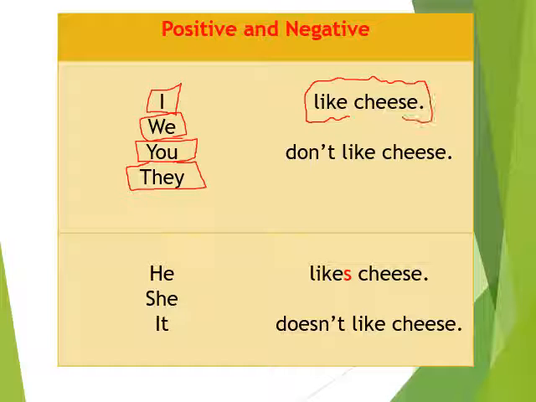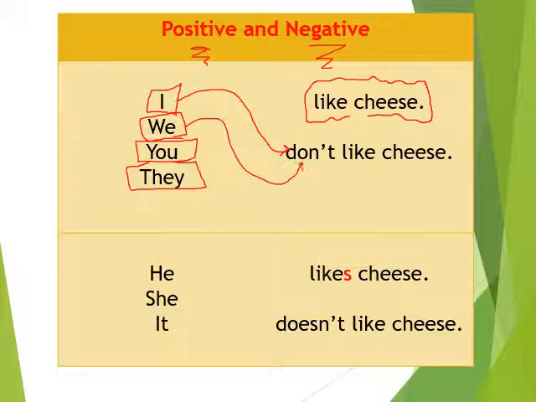So we say I like cheese, we like cheese, you like cheese, they like cheese. This is the positive form. What if we want to say that in the negative form? We can say I don't like cheese, we don't like cheese, and the same with they and you.